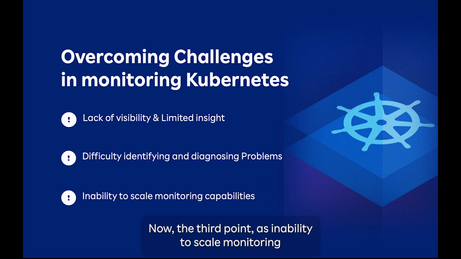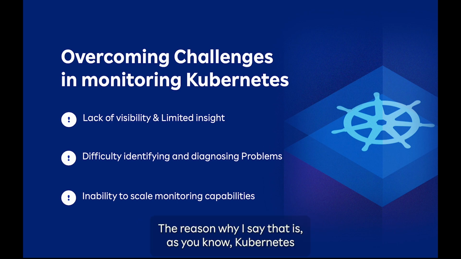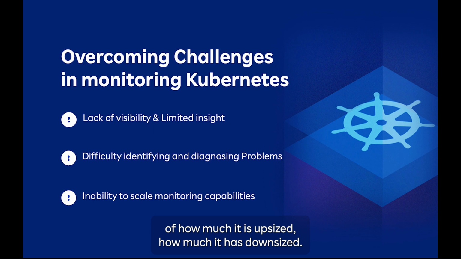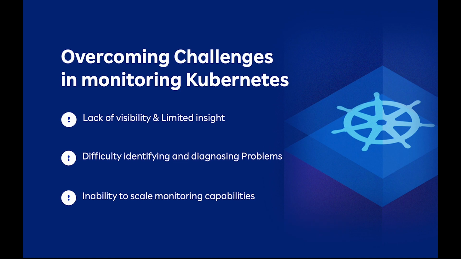Now, the third point is inability to scale monitoring capabilities. This particular point is specific to Kubernetes. The reason why I say that is, as you know, Kubernetes is orchestrating, upscaling, and downscaling your pods, right? And it's giving out inputs in terms of how much it is upsized, how much it is downsized, and your monitoring tool needs to be capable enough of getting this information within no time and displaying that onto the dashboard.